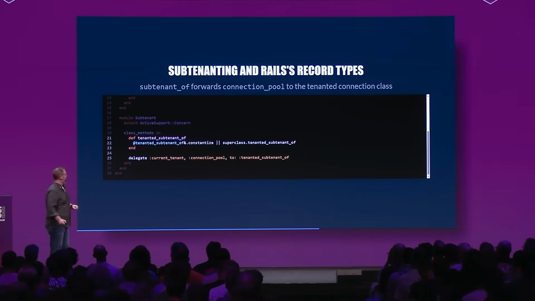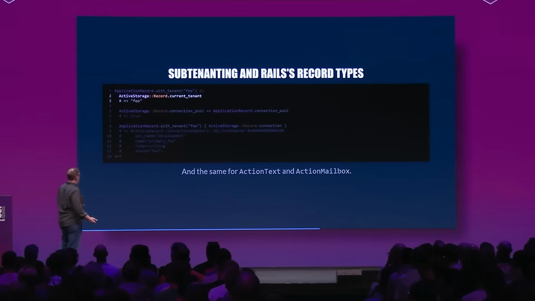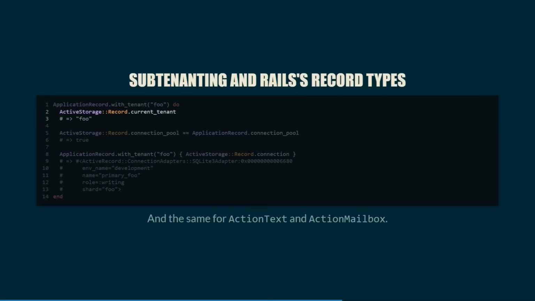The end result is that if we are in a tenanted context, we can ask ActiveStorage::Record, what's your current tenant, and it will know. And the connection pool is identical, and this is how we do joins across all of our models. And if we ask for the actual connection, we can see that shard foo is set. So all these Rails records are going to be using your tenanted connection, and this is exactly what we want.